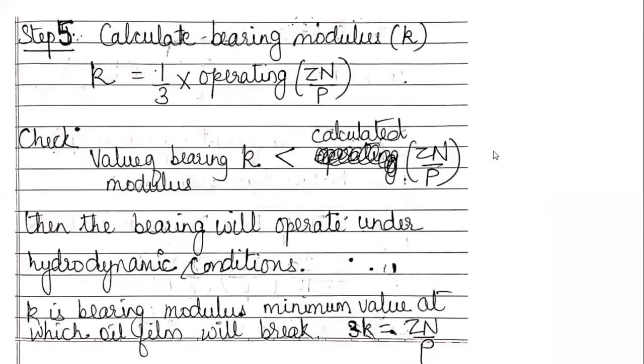Next, you have to calculate bearing modulus K and check if this value of bearing modulus K is less than the calculated ZNP, which you have done in step number 4.